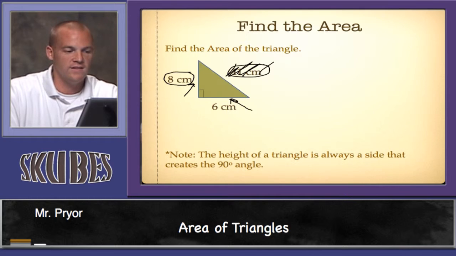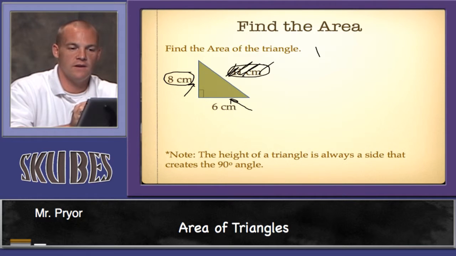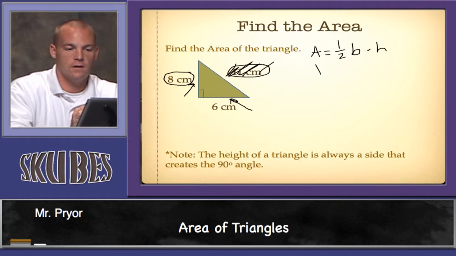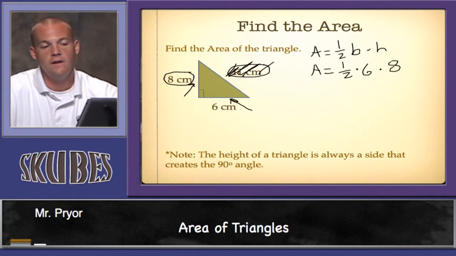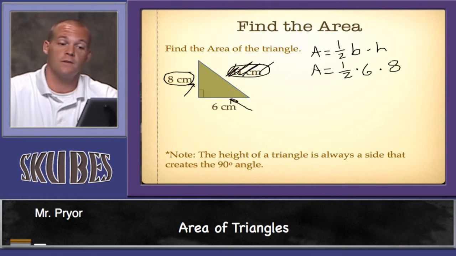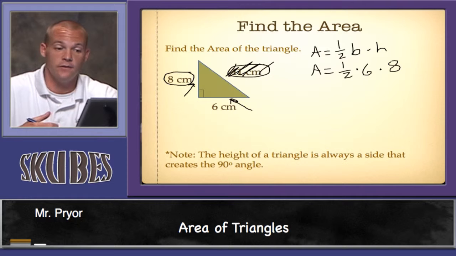We're going to use 6 and 8, and we're going to plug these values into the area formula, 1/2 base times height. So we're going to use 6 as our base, so that's 1/2 times 6, and 8 as our height. You have a couple options here. You can take half of 6 and make it 3, then multiply by 8, or you can multiply 6 and 8 together and divide those by 2.